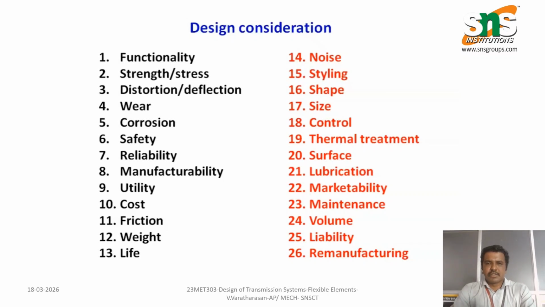These are the 26 elements considered as design considerations: functionality, strength, stress and distortion, wear, corrosion, safety, reliability, manufacturability, utility, cost, friction, weight, life, remanufacturing, volume, maintenance, marketability, lubrication, surface, thermal treatment, control, size, shape and styling, and noise. These are the elements considered for the design of certain elements.